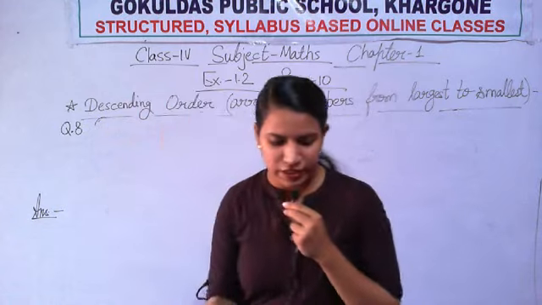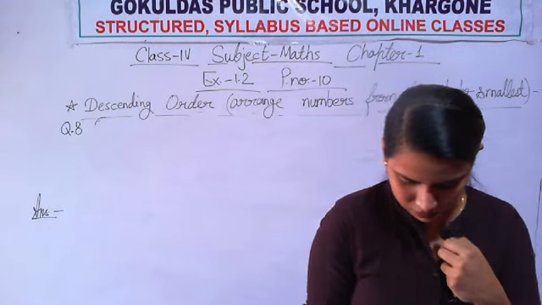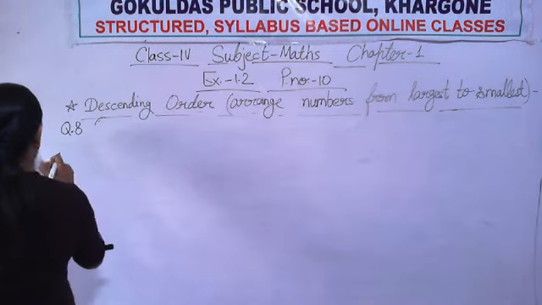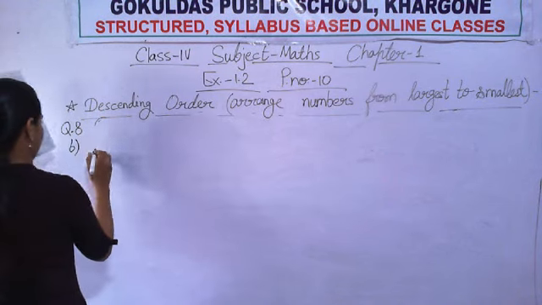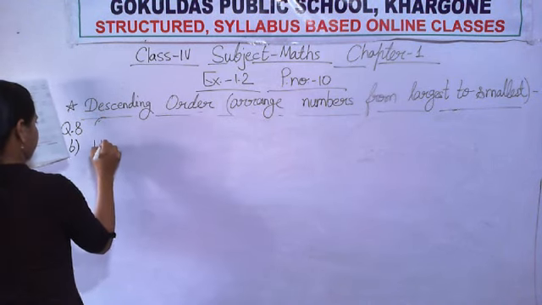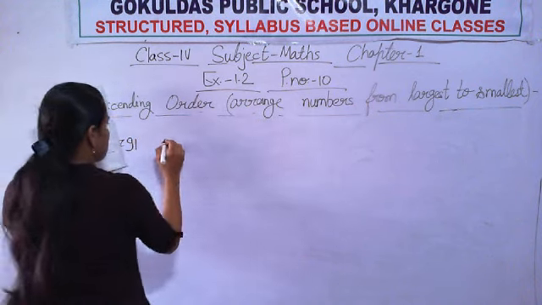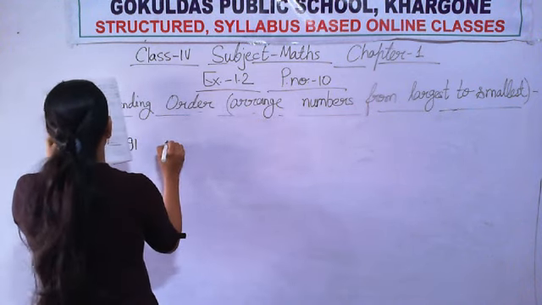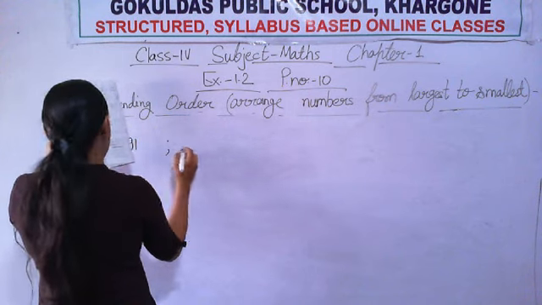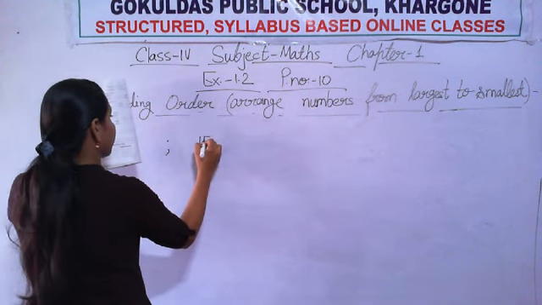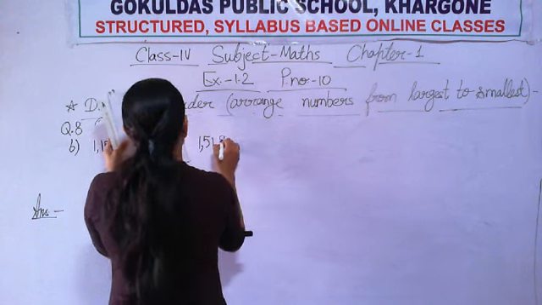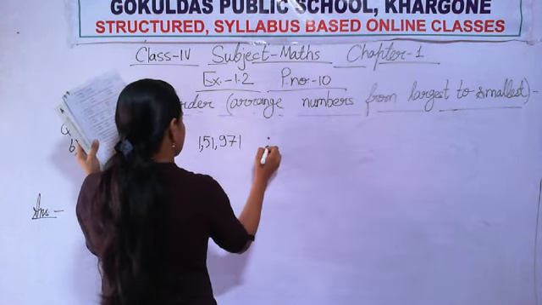Okay, let's do the next question. That is the part B. 1,15,791. Next number given is 1,51,971.